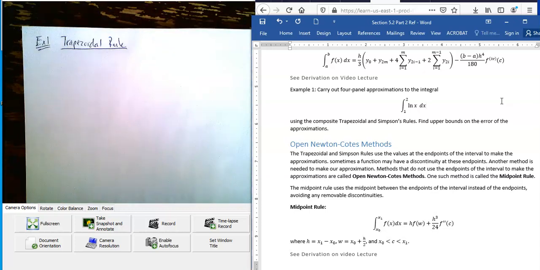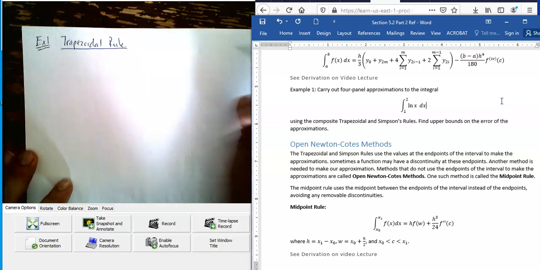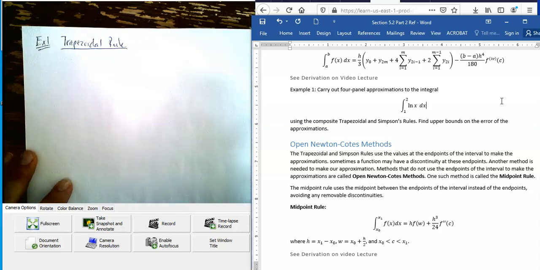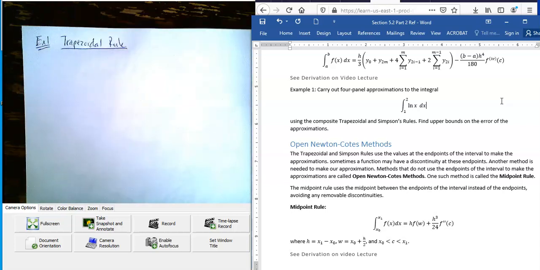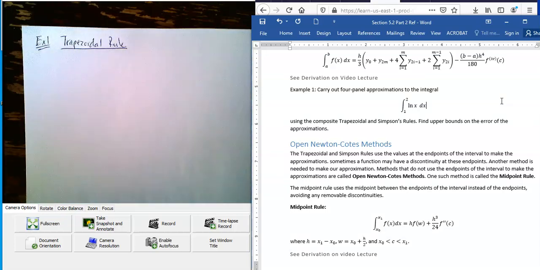So with these composite formulas, it's a good idea to partition your axis. We don't necessarily have to graph it, but we do need to know what x values we have to evaluate at. We have to find some y values for specific x values for our function.